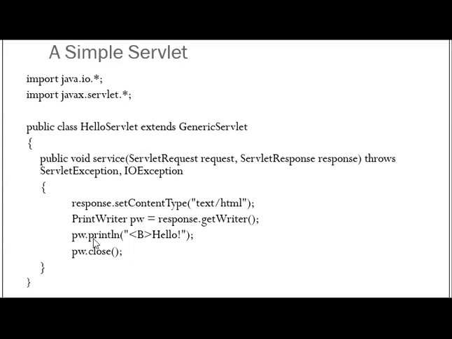On the PrintWriter, we can add whatever text we want using the println method. So pw.println, where we can write the HTML tags, the bold tag followed by the message hello. Whatever response we want, we can put in the println method, and finally we can close the PrintWriter.